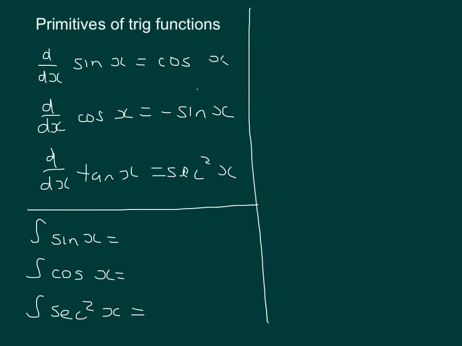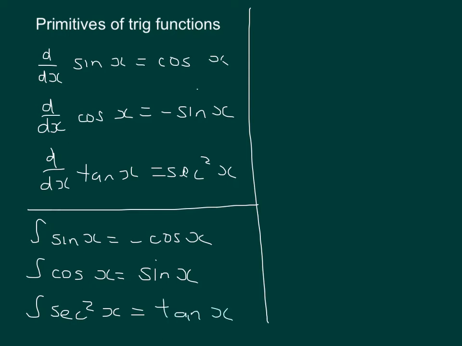So the integral of sine x is a minus cos x. Think about it. The integral of cos x, well, cos x is a derivative here, so the integral is just a straight sine x. And the integral of sec squared x is just tan x.